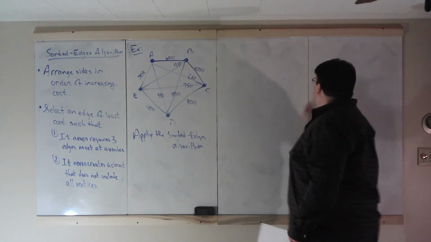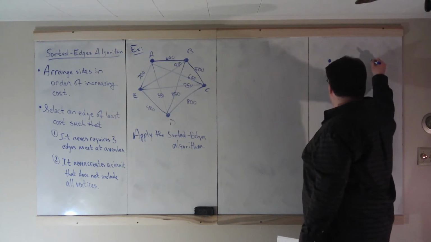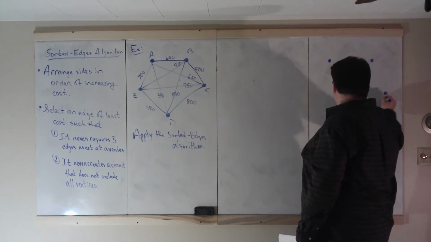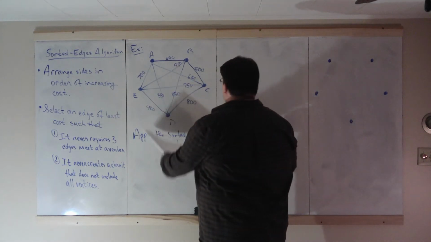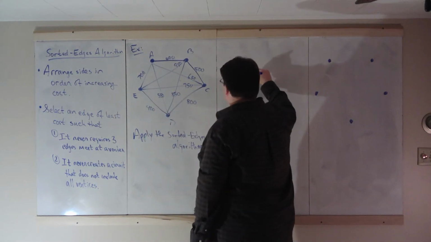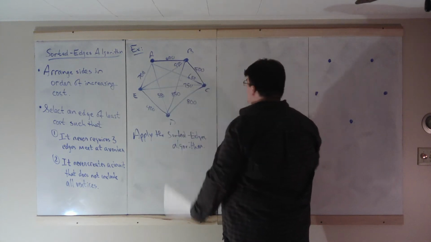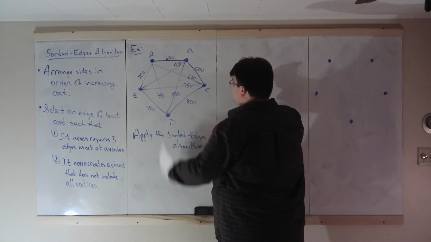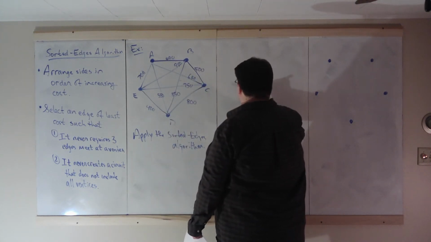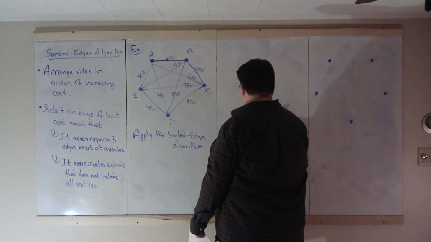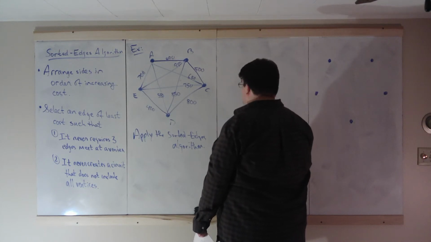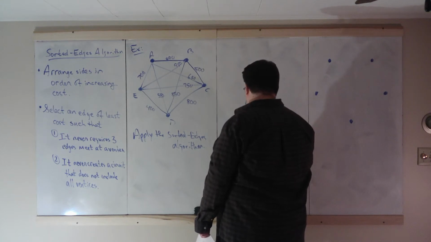What do we do? Well, we list out all of the edges in increasing cost. So let's do that. In increasing cost, the lowest is 400. Then what? 500. 550. 600. 650. 700. 750. 800. 850.